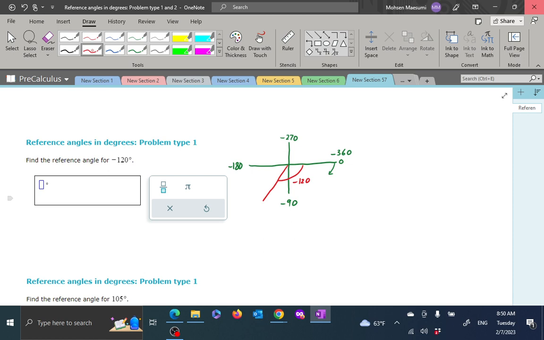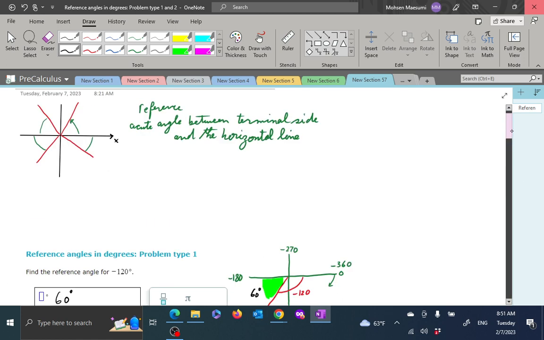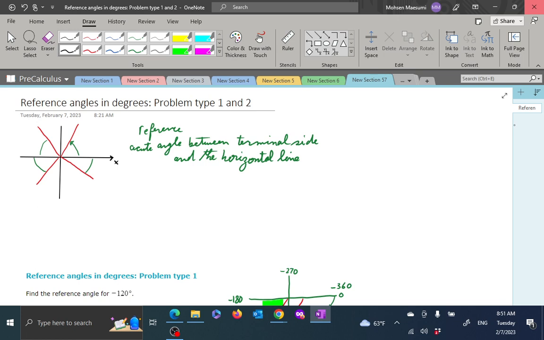Now what's the reference angle of it? The reference angle is whatever is left until we hit the horizontal. This is the reference angle that we have in mind. How much is left to make it to the horizontal? That's of course 60 degrees. The reference angle here has to be 60 degrees. So the reference angle is always some angle, let's call it theta prime.